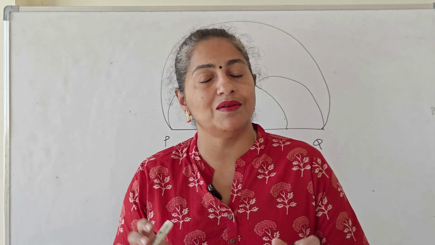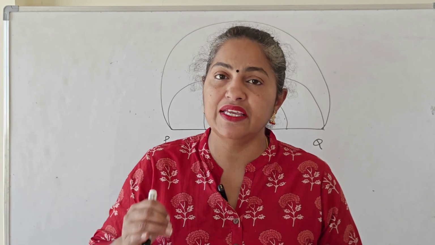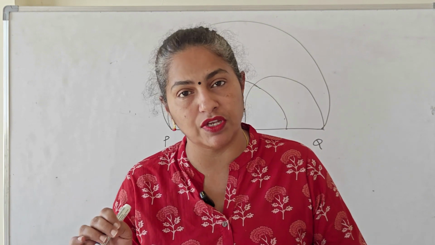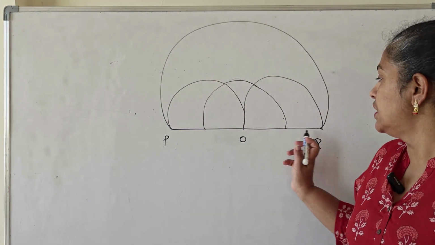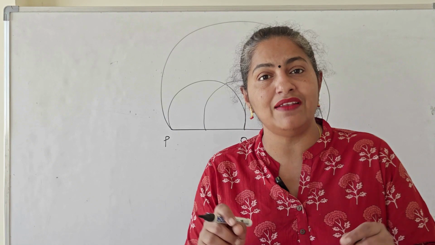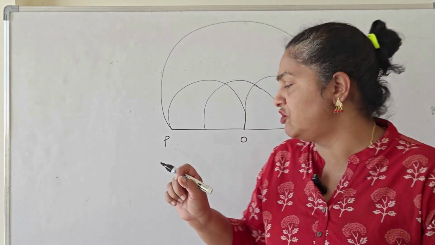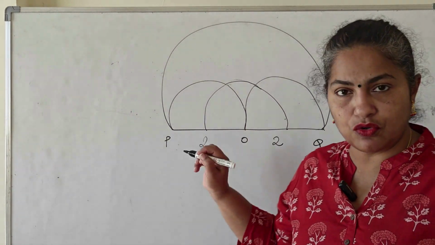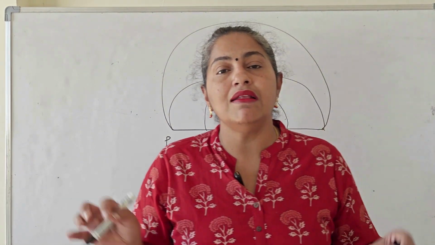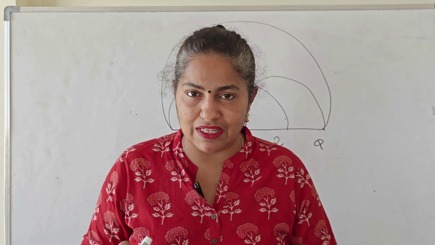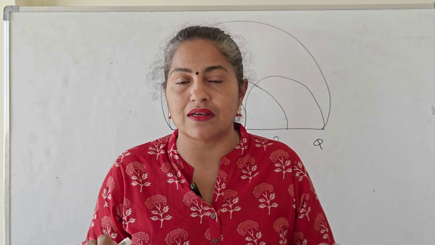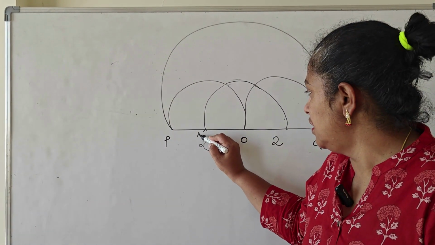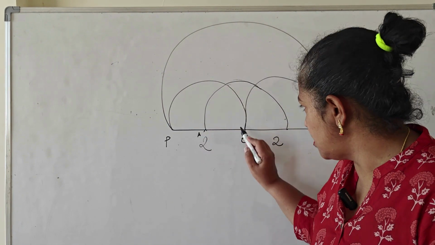Before moving on to the diagram that the question has given us, I just tried to draw a rough diagram of my own in order to figure out how exactly they drew the diagram. It is given that PQ is of length 4 units and it is the diameter of a circle, which means O is the midpoint. So this is 2 units and this is 2 units. Three semicircles are drawn on PQ in such a way that the centers of the semicircles are spaced equally, which means that this is the center of the first semicircle.